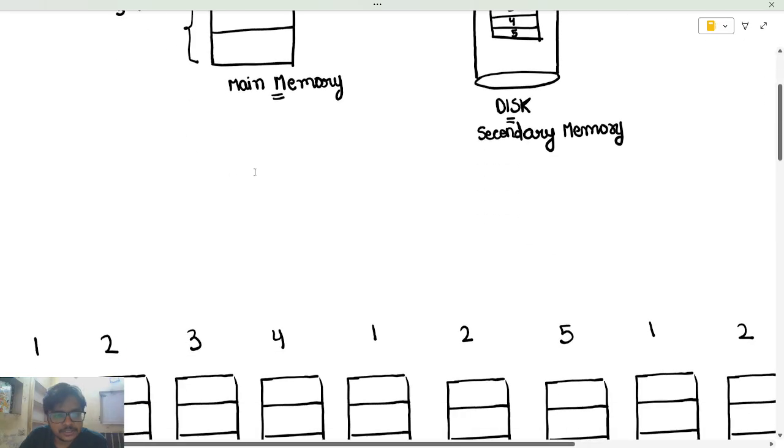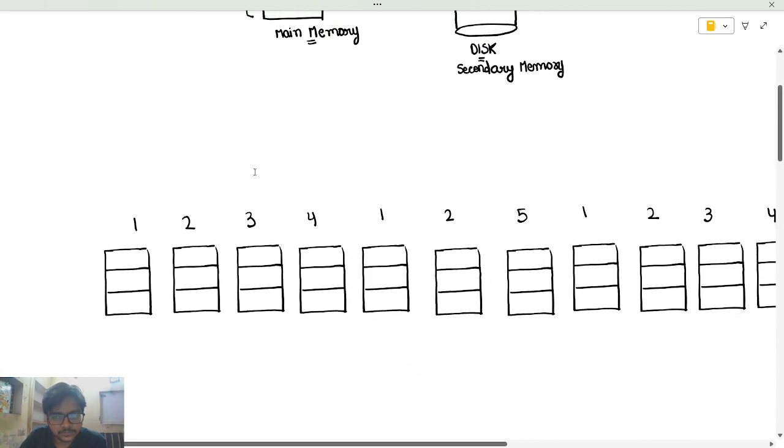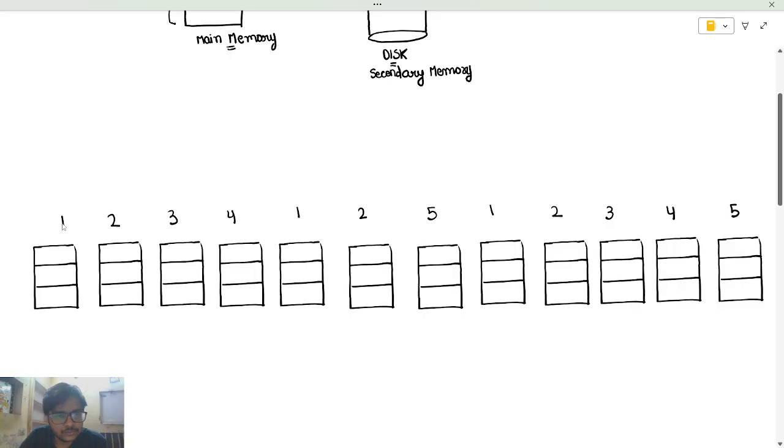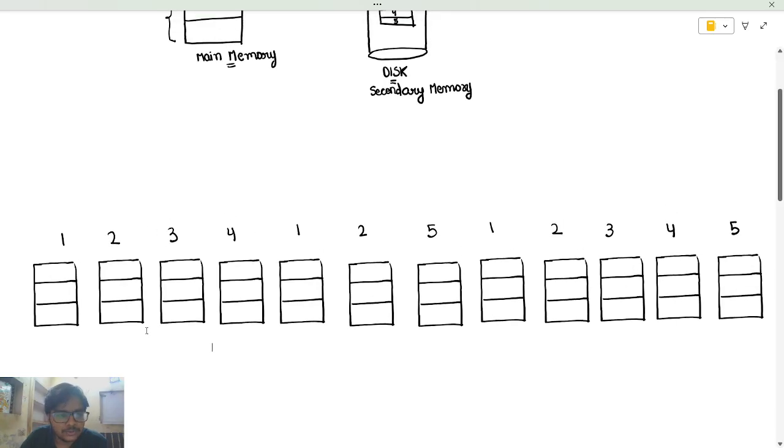So let's see a scenario. This is your page sequence. First the CPU accesses page number 1, then page number 2, then 3, then 4. We'll be seeing how the pages will be replaced using this sequence as an example.